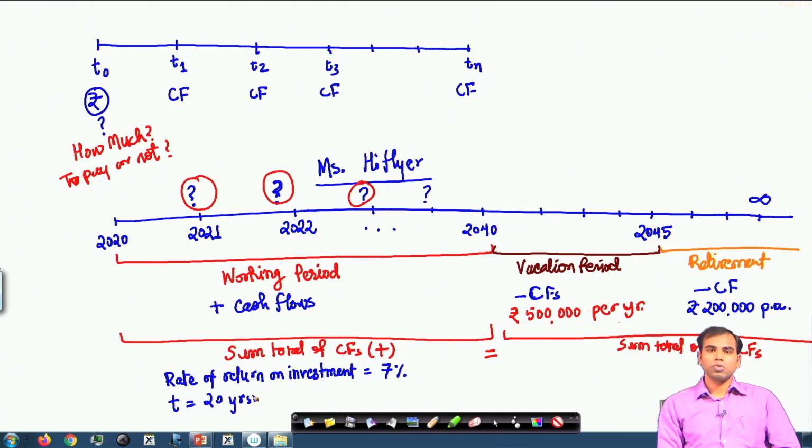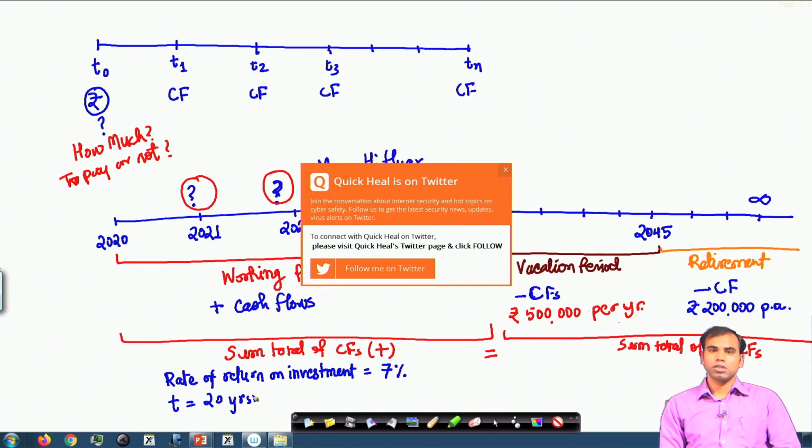So, your job is to advise Miss High Flyer how much money she should save every year from 2021 till 2040, so that the amount saved and invested should be sufficient to cover all her expenses during her 5 years of vacation period and infinite period of her retirement.